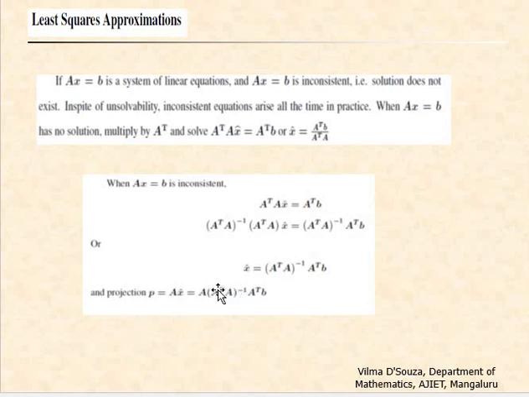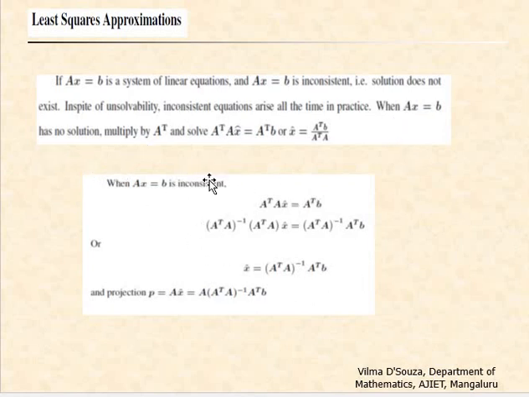Okay. So x cap, remember, is A transpose A inverse into A transpose B. What you have done here is considered a system of equations Ax is equal to B, which is inconsistent. So in order to find the solution, you know that the system has no solution.